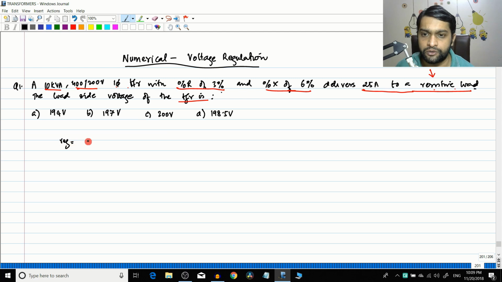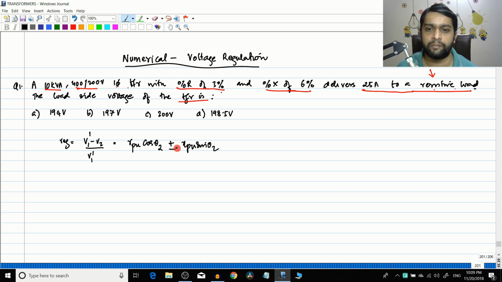The regulation is defined as (V1' minus V2) divided by V1'. This is equal to RPU, the referred per unit resistance of the transformer, into cos theta 2, plus XPU into sin theta 2. Plus or minus doesn't matter here because sin theta 2 is going to be 0.